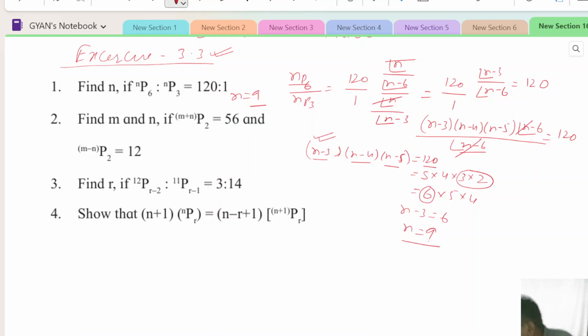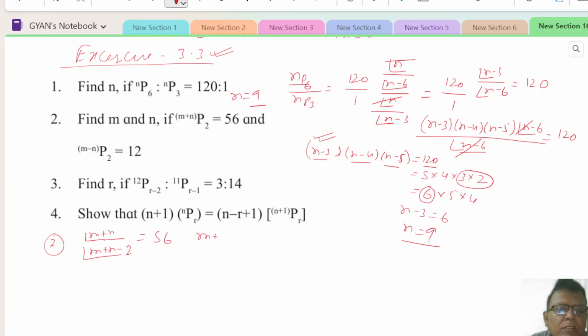Now come to the second question. The second question says factorial m plus n divided by factorial m plus n minus 2 is equal to 56. So how can you write this?